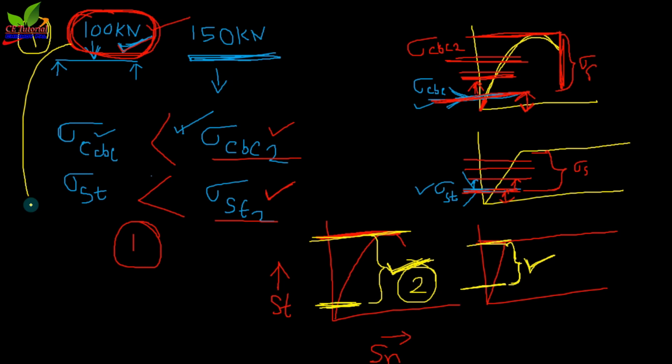For this case we do not consider a certain extra amount of load. We are considering only that amount of load which is coming on the structure, say 100 kilonewton.